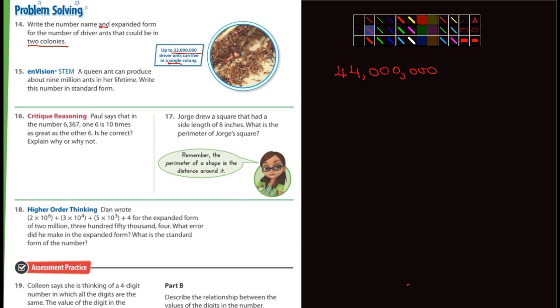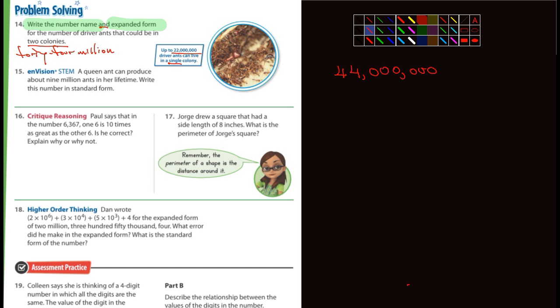And so they're asking us to write that number in expanded form and write the number name. Okay? So, well, I kind of already did the number name for you. I wrote it out in number form, but the number name itself would be 44 million.